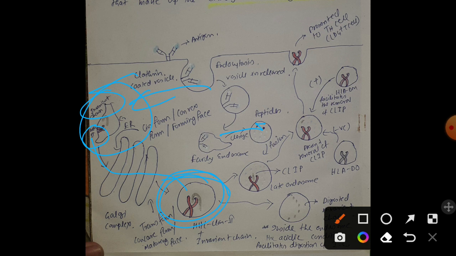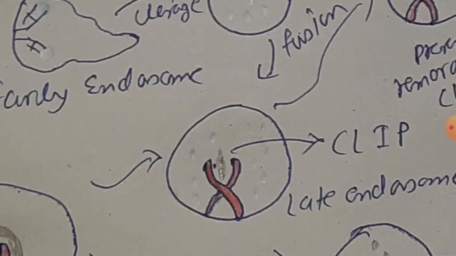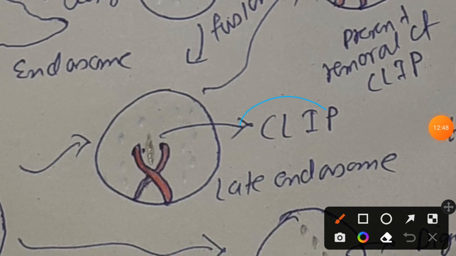Now inside the vesicle, due to the acidic condition, the invariant chain will be degraded, and only a small part will remain. This small part is known as clip. And this is the late endosomal phase.